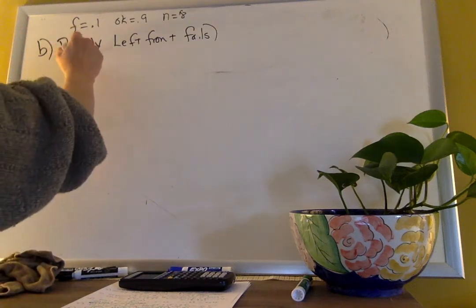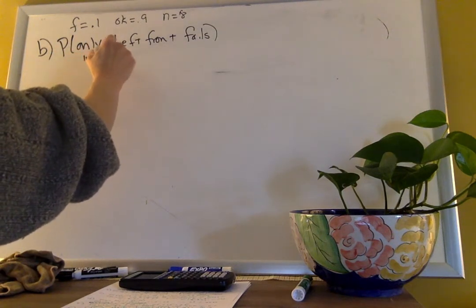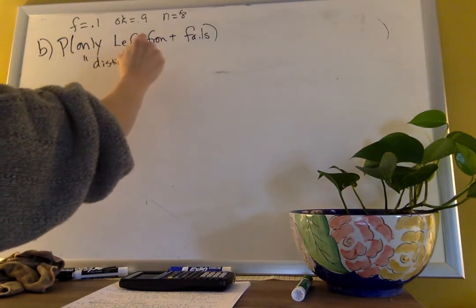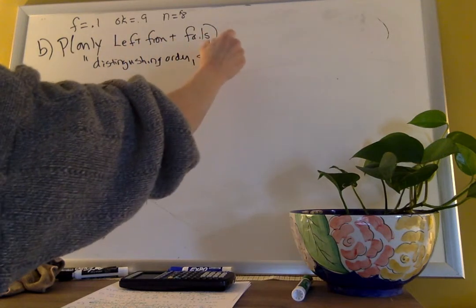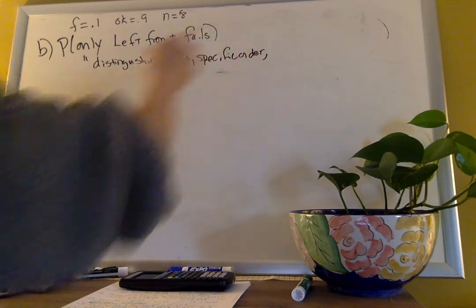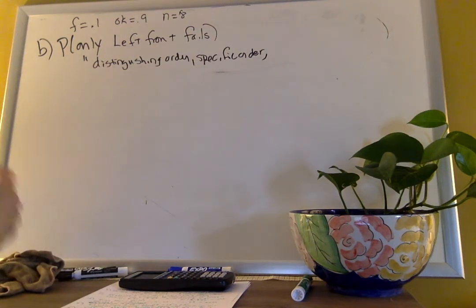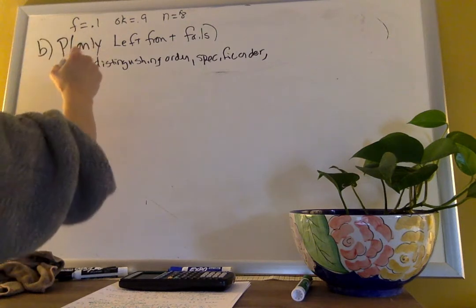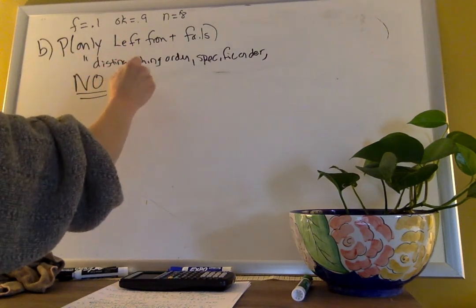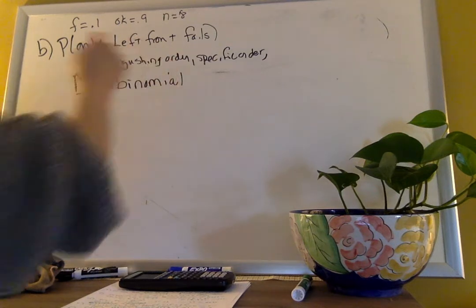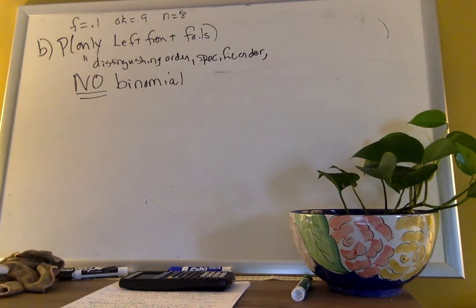So this is what some of you guys call distinguishing order, specific order. Some people say, oh, that's not vague. I know exactly what they're telling me to do. Whatever you want, that means you cannot use the binomial, because the binomial is more vague. It doesn't know which one you're talking about. No, I know exactly which one I'm talking about.